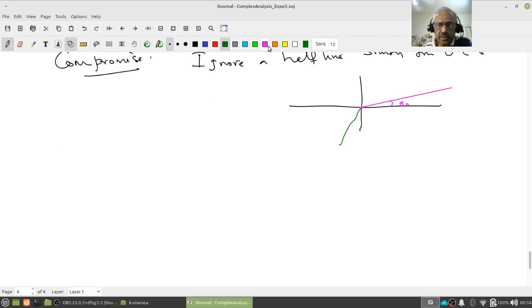Let me define U of theta naught to be the set of all complex numbers in C star such that z by mod z is not equal to e power i theta naught. Notice that anything on the removed line will be r into e power i theta naught, with r positive, right? So you just ignore all those.